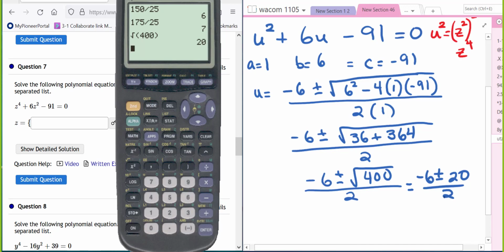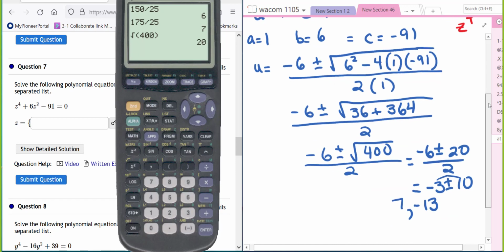You could actually divide the 2 here and then do them, or you could do negative 6 plus 20 divided by 2. So I have negative 3 plus or minus 10. So this will be 7 with the plus, and negative 3 minus 10 is negative 13. So this probably would have factored.